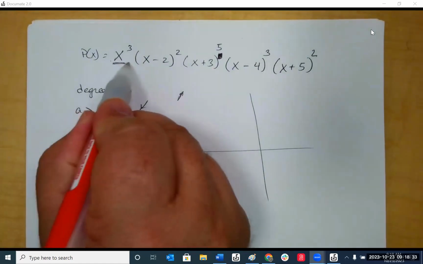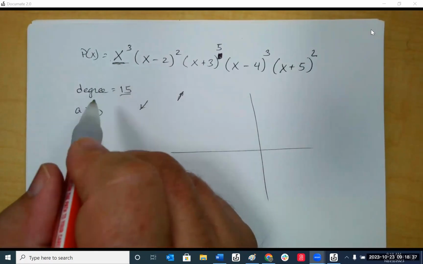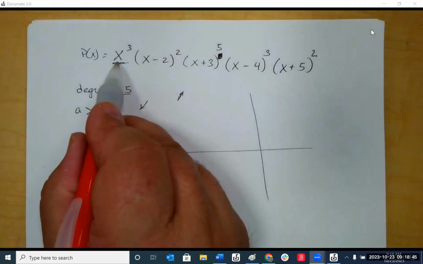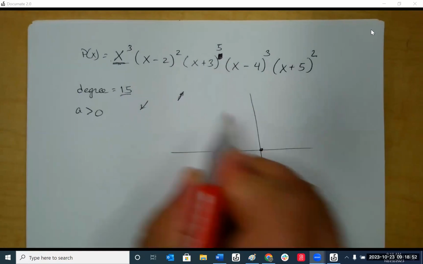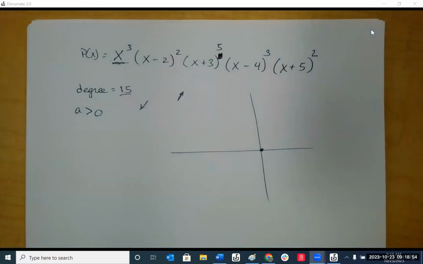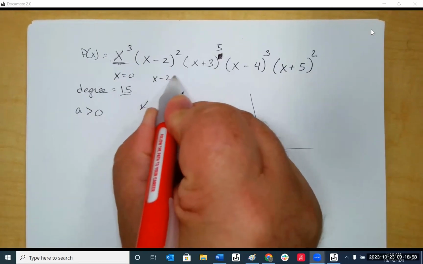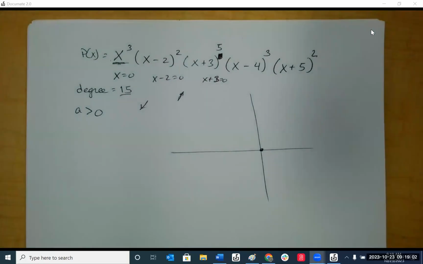Where is this one? So what are my intercepts? Where's this one? At 0. Take each of these and set them equal to 0, and do that for the rest of them.